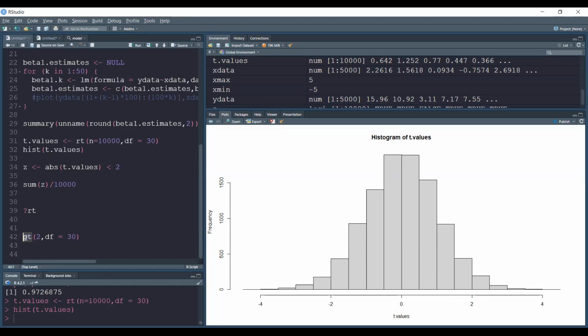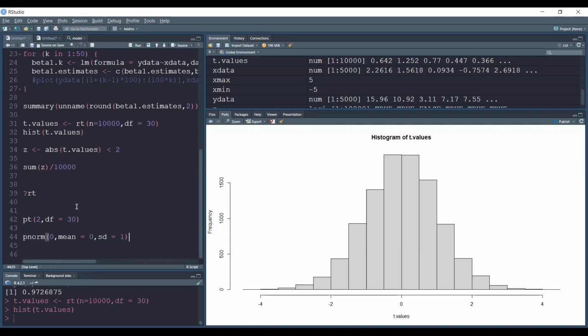P is available for the normal distribution function too. You could say pnorm, and you could tell it, for example, 0. Let's do a standard normal distribution, 0 mean and standard deviation 1.